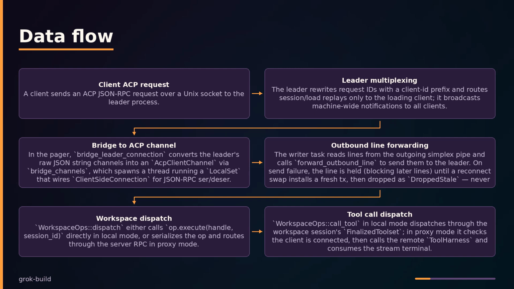Dispatch either calls op execute, handle, session_ID, directly in local mode, or serializes the op and routes through the server RPC in proxy mode. Then tool call dispatch, workspace ops. Call_tool in local mode dispatches through the workspace session's finalized toolset. In proxy mode, it checks the client is connected, then calls the remote tool harness and consumes the stream terminal.